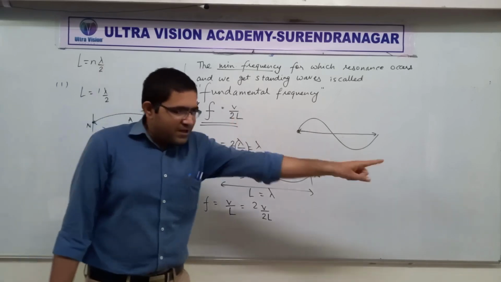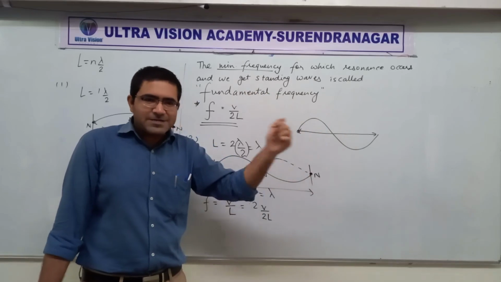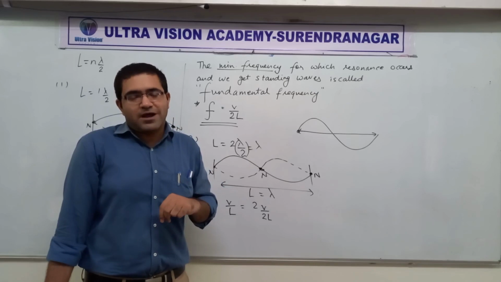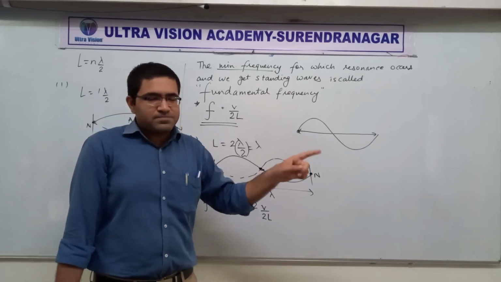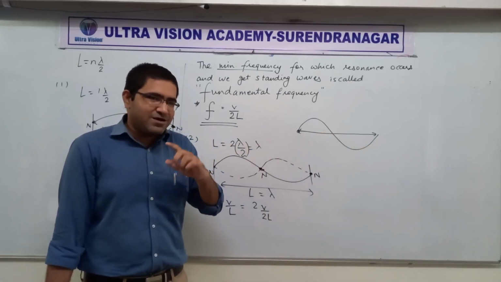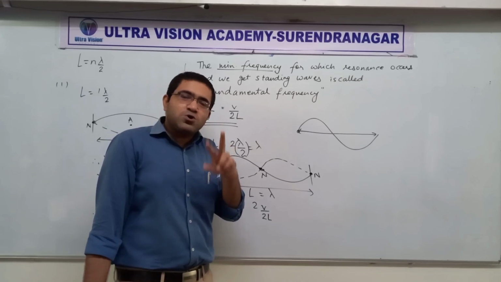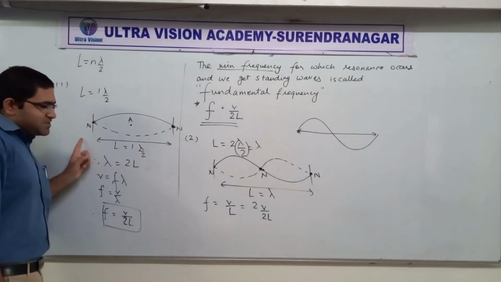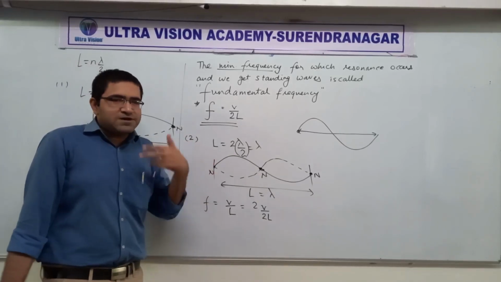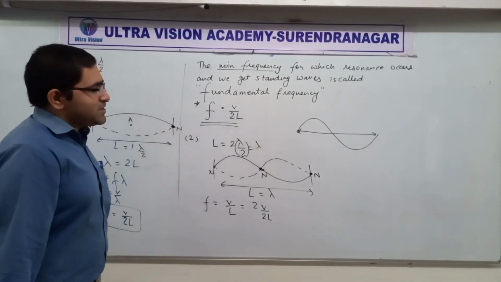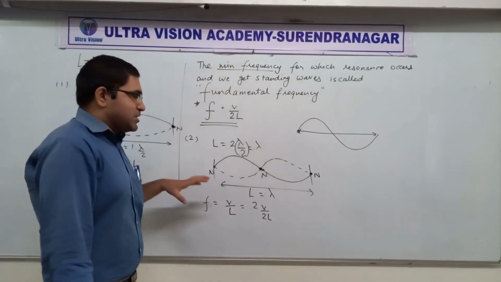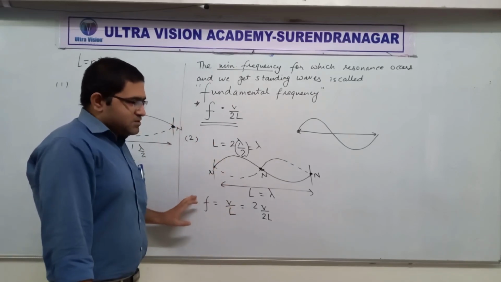By the time the wave reaches that end, reflects, comes back, and is ready to go back, the source would have completed 2 oscillations. In the first case, the source would have completed 1 oscillation. So that is how resonance is established. So this is case number 2.